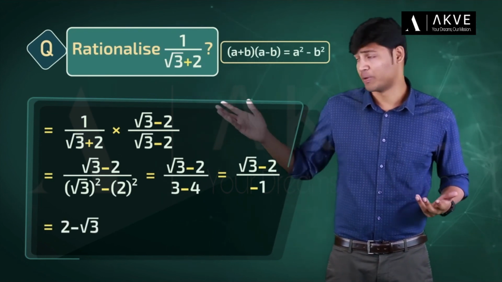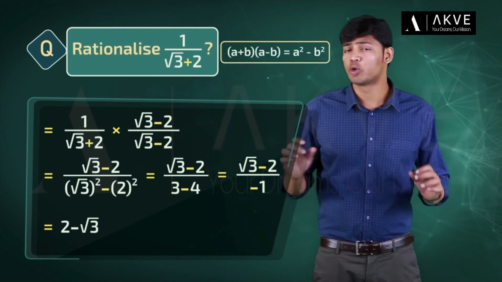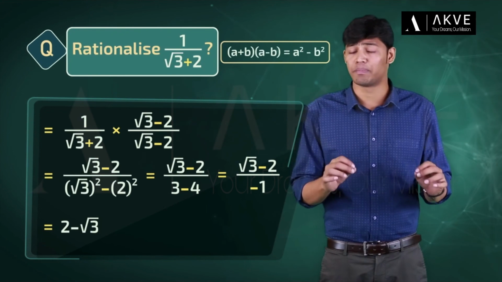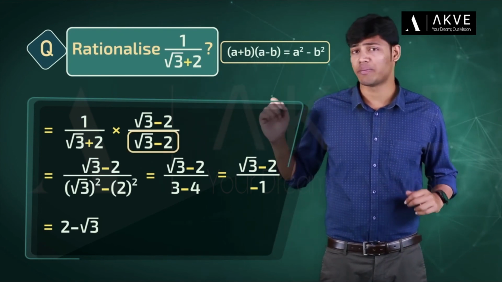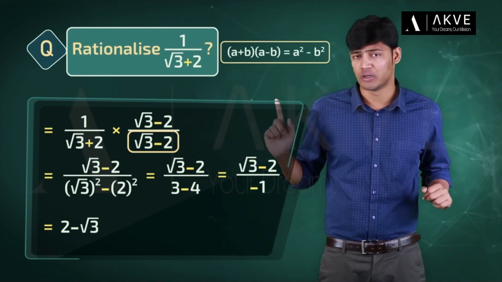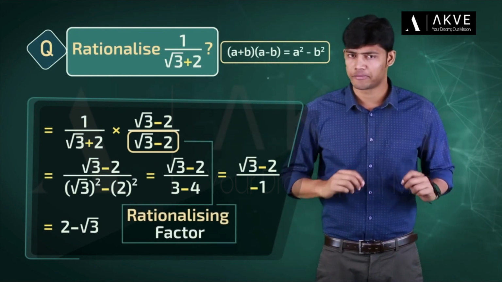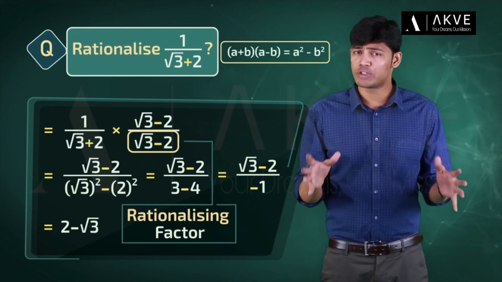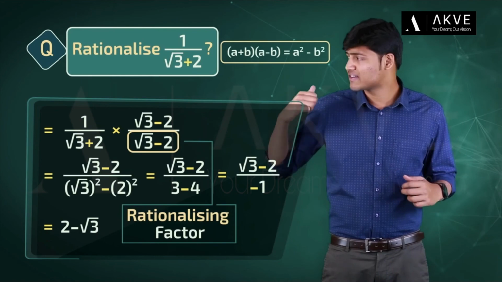See, the denominator got rationalized. So, in this problem, to rationalize the denominator, we multiplied the numerator and the denominator by the number square root of 3 minus 2. And this number is known as the rationalizing factor of the denominator. So, a number which we use for rationalizing the denominator is known as the rationalizing factor of the denominator.